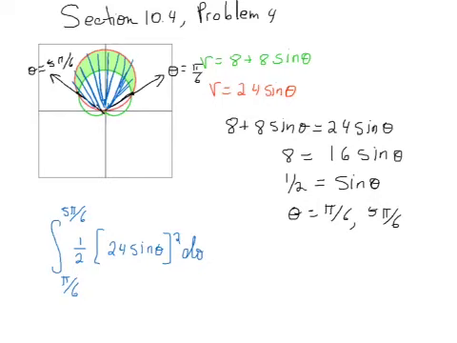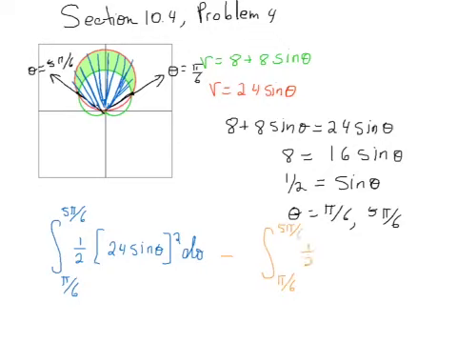Okay, so I'm going to need to subtract from that the integral from pi over 6 to 5 pi over 6 of 1/2.